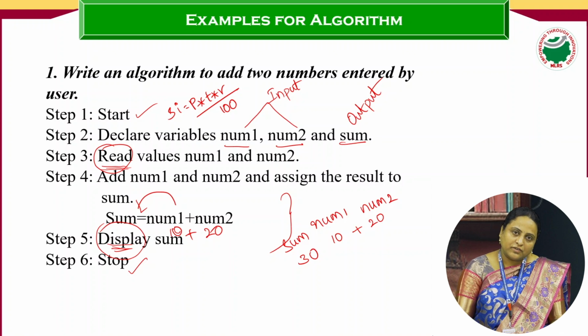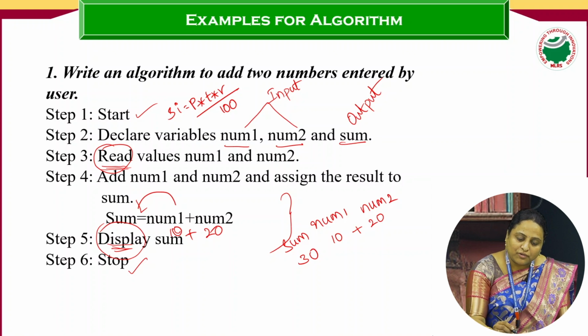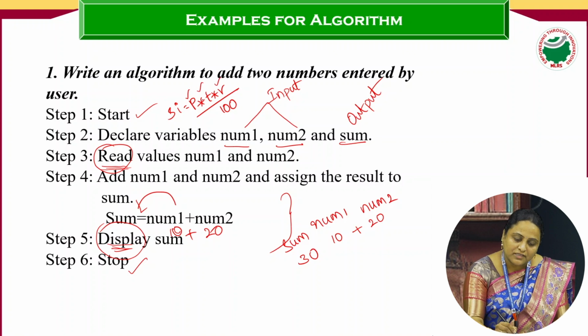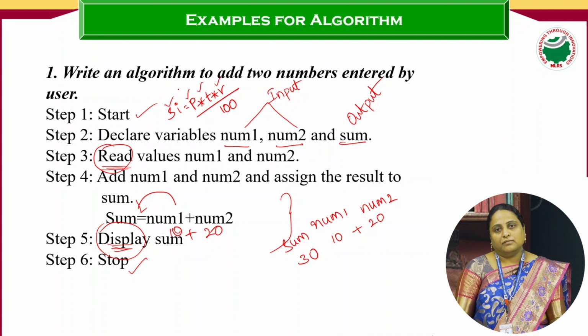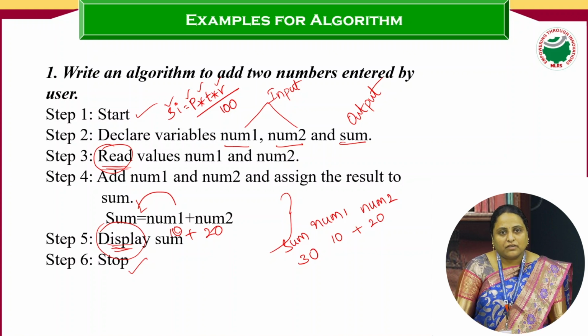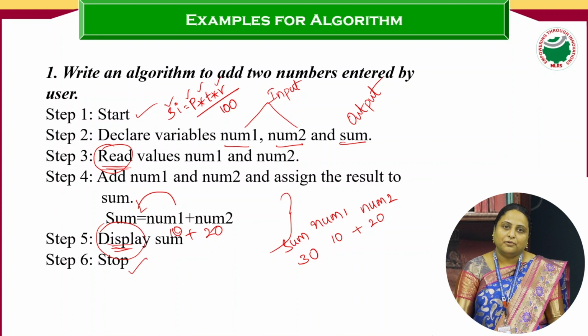So how many variables do you require? Totally I require 4 variables, in which 3 variables P, T, R are input variables and SI is the output variable. So it changes from problem to problem, how many input variables you require and how many output variables you require, which comprises the total variables you require for that problem.